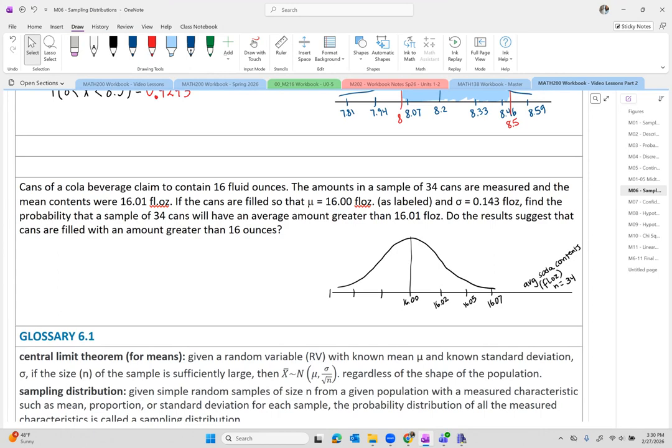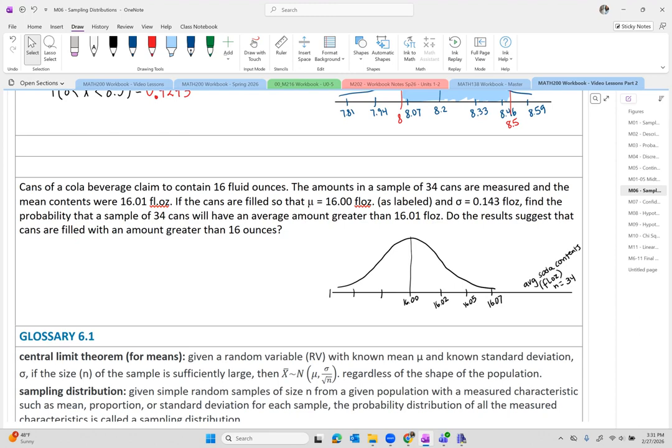If the cans were filled so that the mean of the filling process was 16.00 fluid ounces as labeled, and the standard deviation was 0.143 fluid ounces, find the probability that a sample of 34 cans will have an average amount greater than 16.01 fluid ounces.